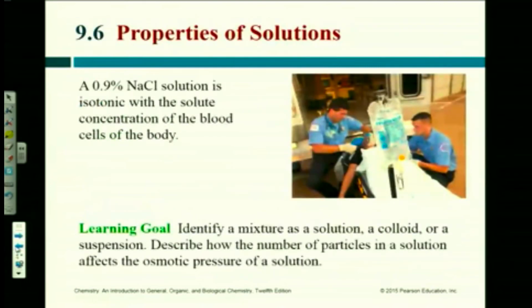So, the last section of the chapter deals with solutions, and it just goes into some definitions and stuff. I'm not going to talk about it. There's no calculations in it. It's about reading and understanding what the definitions are. I do want to point out 2 issues here, and that's the definitions of osmosis versus dialysis. Osmosis involves the movement of solvent across a membrane.